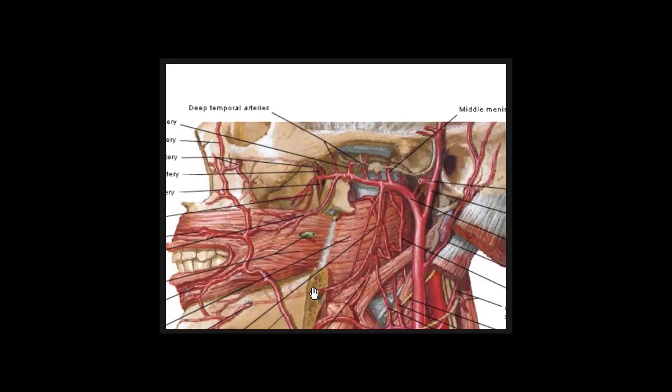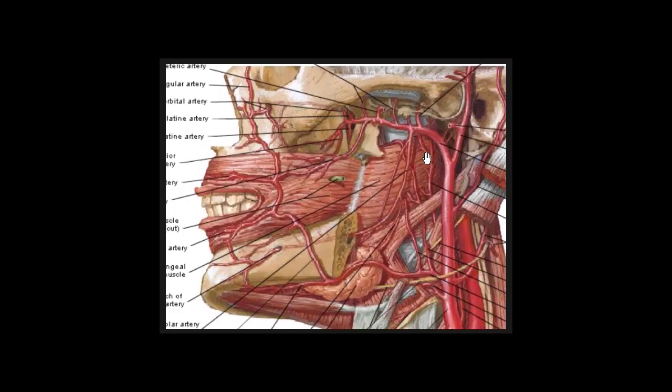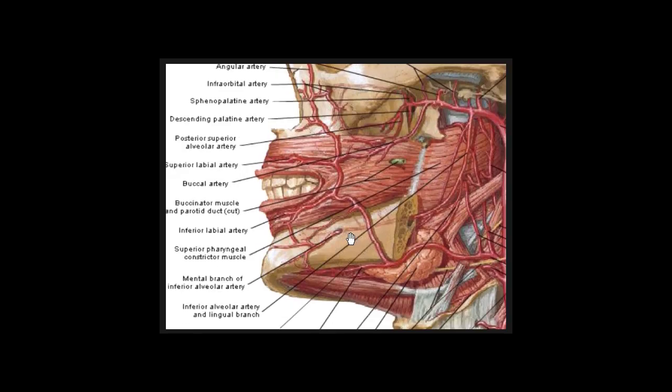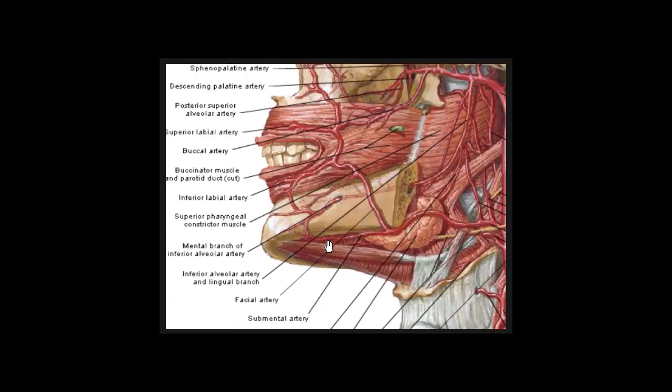This is inferior alveolar that supplies inferior teeth. This is mental branch of inferior alveolar artery. This is submental artery, a branch that originates from facial artery. Facial artery goes outward.